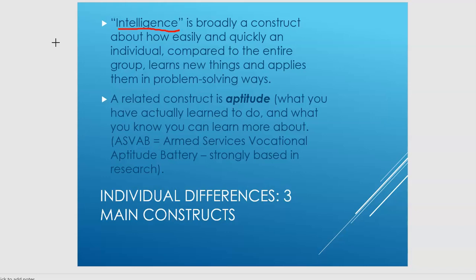And I think that the attempt to measure intelligence and compare amongst people how quickly and easily an individual, compared to the entire group, learns new things and applies them in problem-solving ways has been an important thing to attempt to measure.